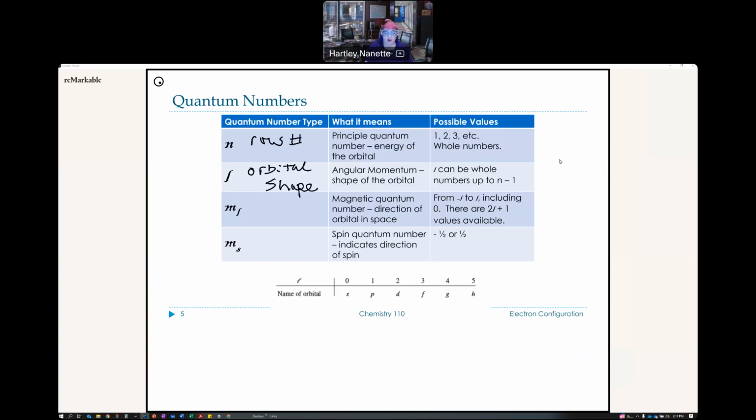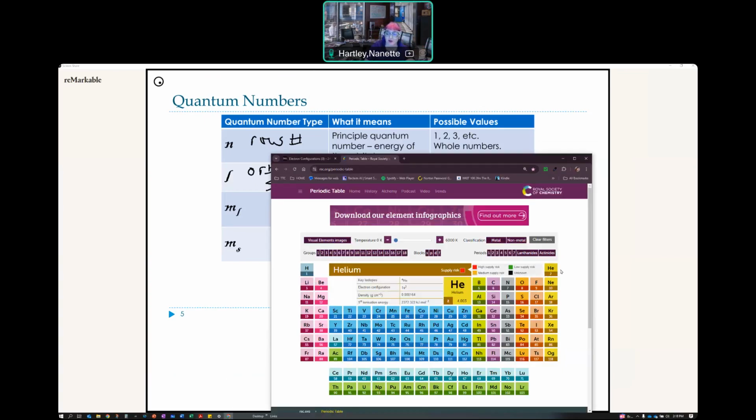The next one that I talk about, and the values for those can be whole numbers up to n-1. So if I'm in row 1, I can only have one L number, which is 0. And 0 corresponds to an S. So in row 1, I only have an S type.